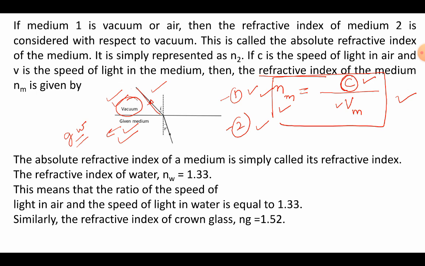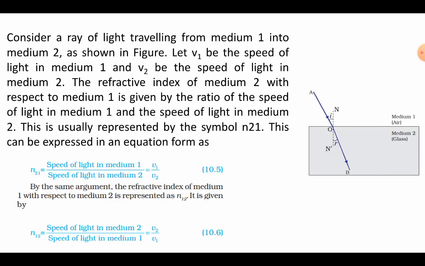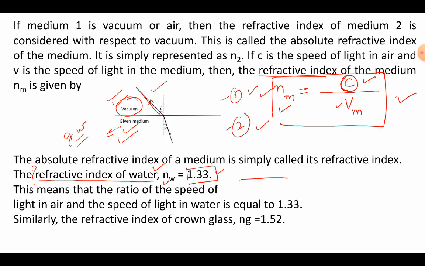Now, if we say that the refractive index of water, that is n_w, is equal to 1.33, here we are only saying refractive index, so it is understood that it is absolute. What is the meaning of this 1.33? It means that the ratio of speed of light in vacuum to the speed of light in water is equal to 1.33.